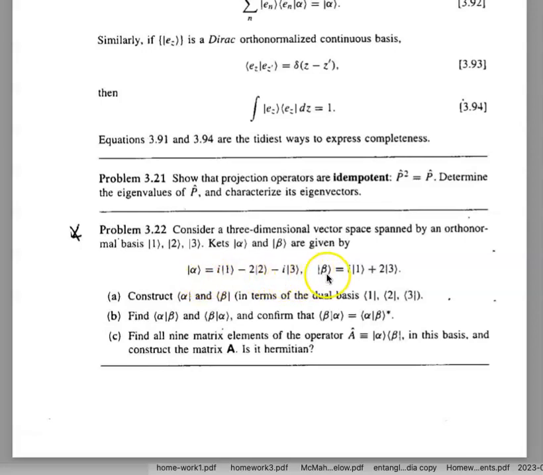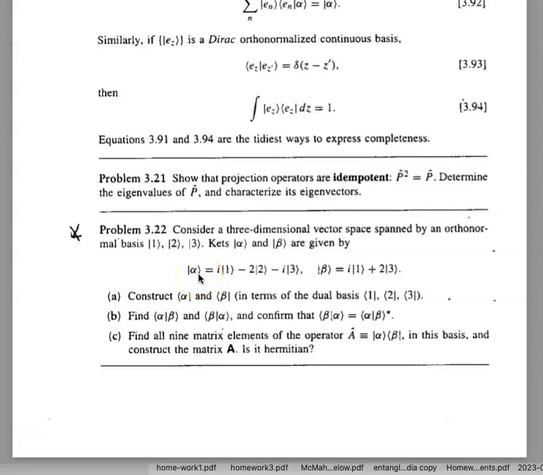And same with beta. Beta here has cat 1 and cat 3, whereas the component in front of cat 2 here must be 0. That's why it's not there. So if this is the cat, what is the bra corresponding to that cat?